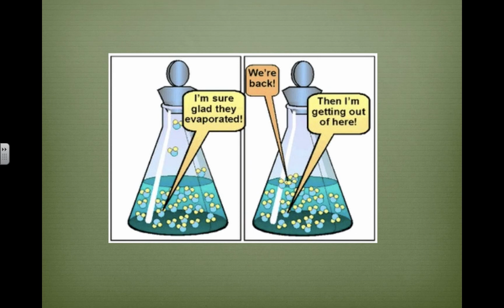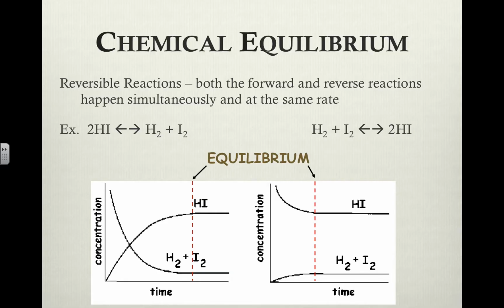Okay, here's another example of physical equilibrium. In terms of chemical, you could have this. Okay, let's say we have the reaction of hydrogen and iodine forming HI, hydrogen iodide. Okay. Well, we have this graph, and notice that in this scenario, we start with H2 and I2, and it decreases and we form HI. And then in this graph, we start with HI and we form H2 and I2 because this is a reversible reaction.